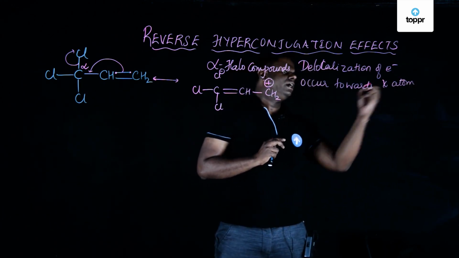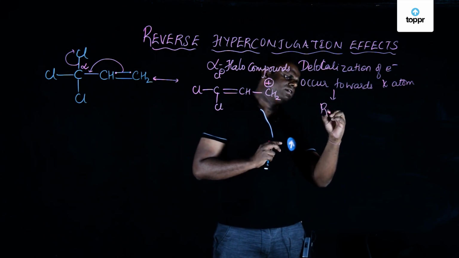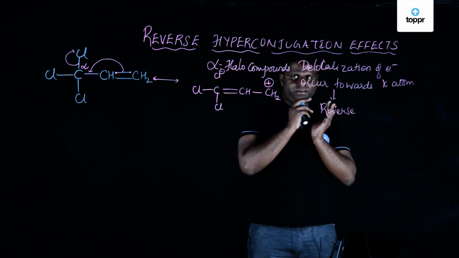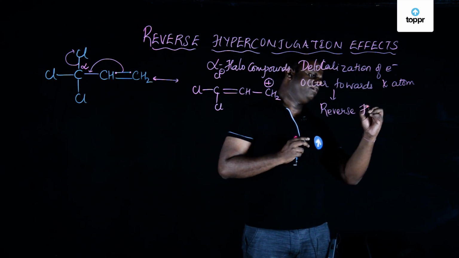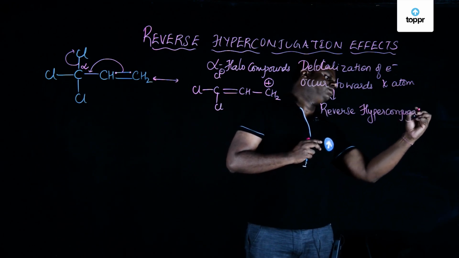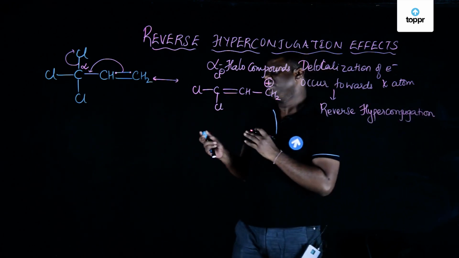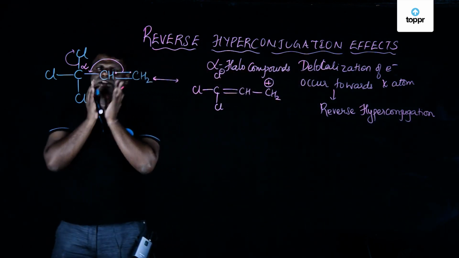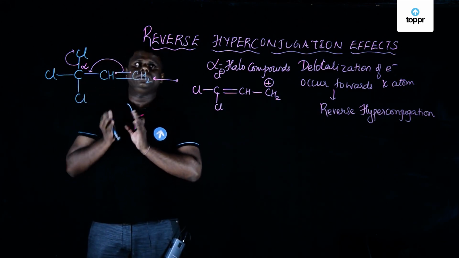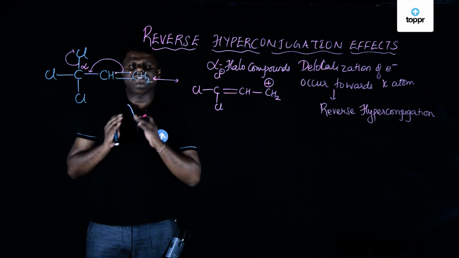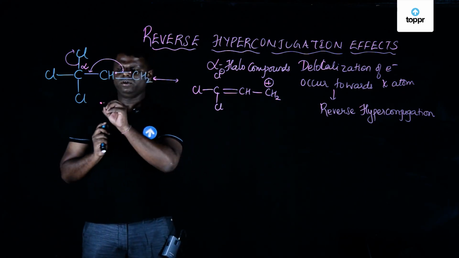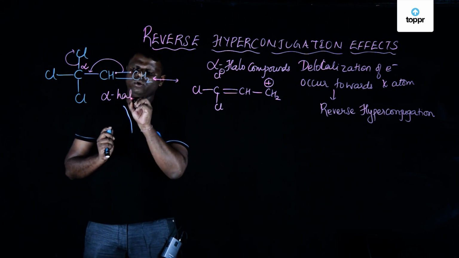This is what you call the reverse or opposite of hyperconjugation, called reverse hyperconjugation. This is one of the phenomena which creates an argument about the dipole moment in the case of alpha halo compounds like this. So this was about the section on reverse hyperconjugation. It is normally observed in the case of alpha halo alkenes.